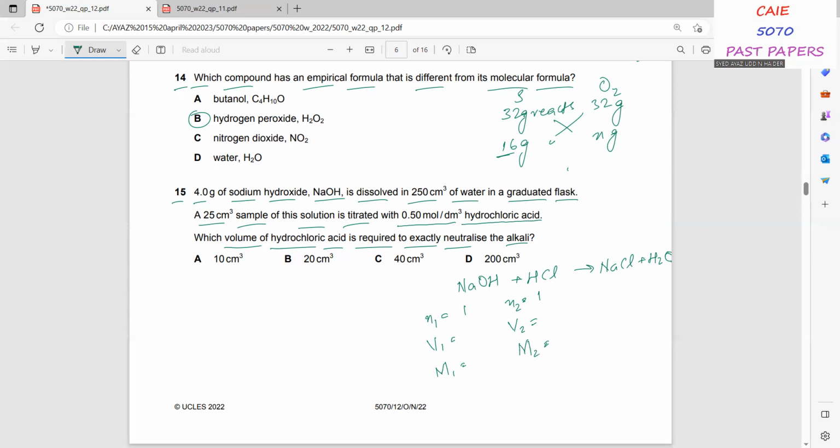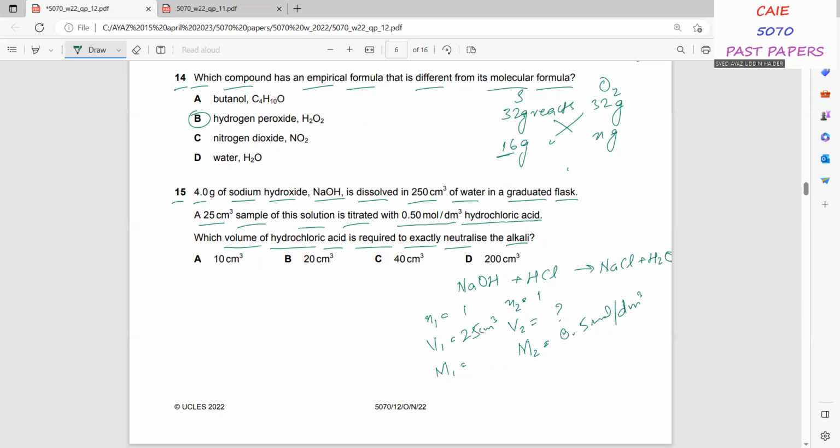Now let's place the values. We have the volume of sodium hydroxide, 25 cm³. We need to calculate the volume of HCl. What about the concentration of HCl? Yes, it's provided, 0.5 mol per dm³. What about the concentration for NaOH? It's not provided. They gave 4 grams of sodium hydroxide dissolved in 250 cm³ of water.